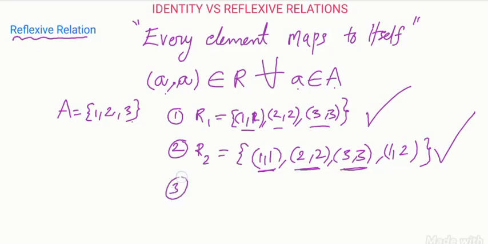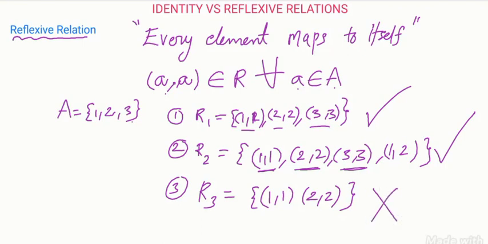Third one, R3, I am taking a relation {(1,1), (2,2)} only. Is it reflexive? No. Why? Because it does not contain (3,3). So reflexive means you have to check whether it contains (1,1), (2,2), (3,3) for 1, 2, 3 belonging to the set.